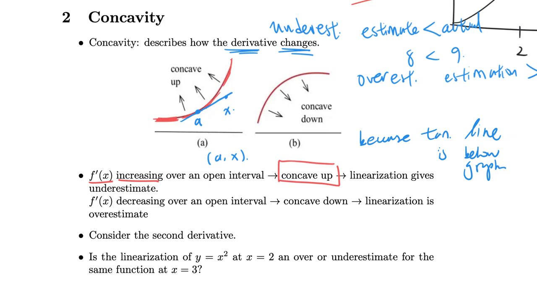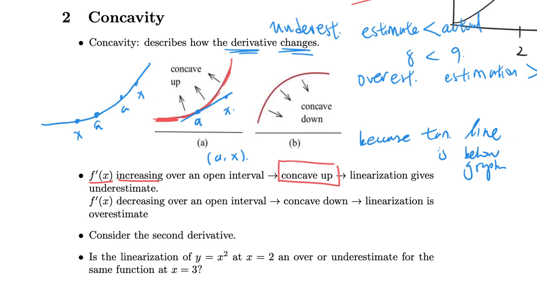So it needs to be over the entire interval between a and x. It can't just be concave up at a small spot and then do something else later. So you need to have a consistently concave up function that at least encompasses a and x. So something like this or something like this. The concave up interval needs to include a and x.